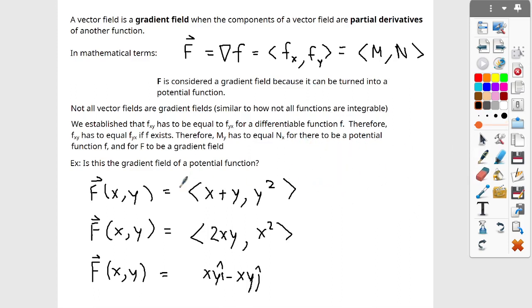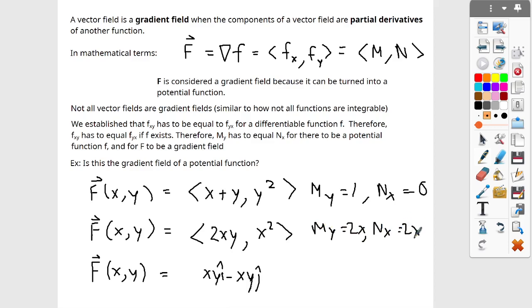So what does this mean? Is this the gradient field for a potential function? It is exactly not, because m sub y in this case is 1, and n sub x is 0. Is this a gradient function? m sub y is 2x, and n sub x is 2x.